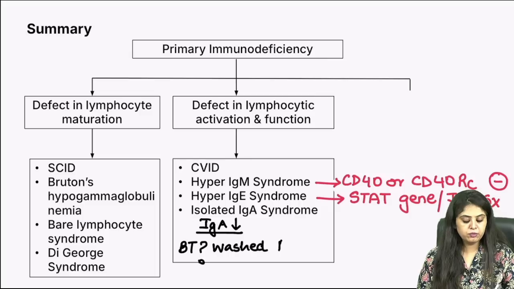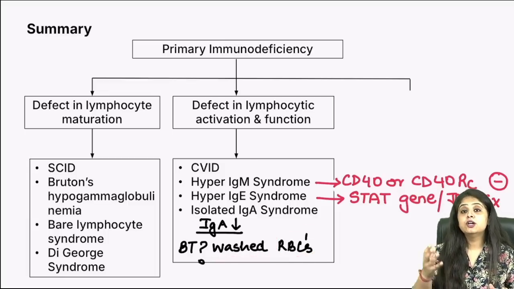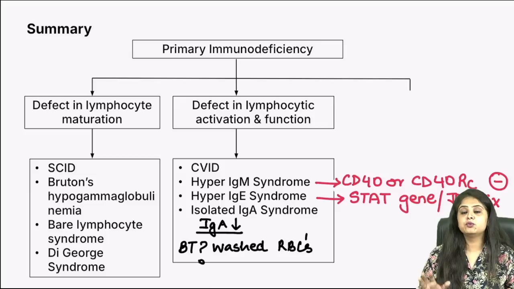Because of his immunoglobulin deficiency, you will have to give him washed RBCs, meaning red blood cells that have been washed with normal saline, so that you are getting red blood cells from a donor. Maybe that donor has normal IgA antibodies, but these people have never seen any IgA antibodies in their life. So if you start transfusing IgA antibodies to them, it will result in a reaction. So you will have to wash the RBCs so that all the IgA is removed, and then these RBCs can be given to such people in case of emergency.